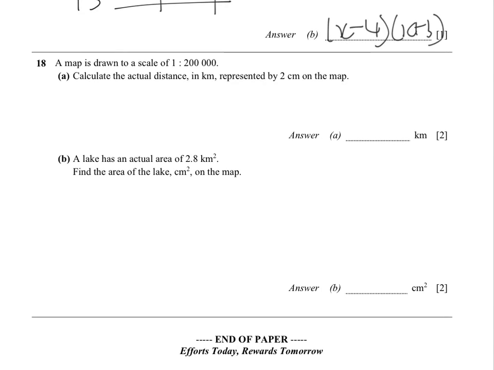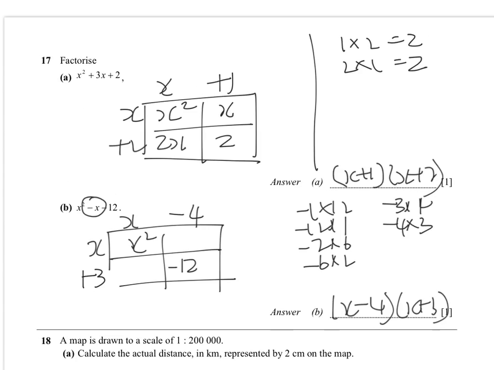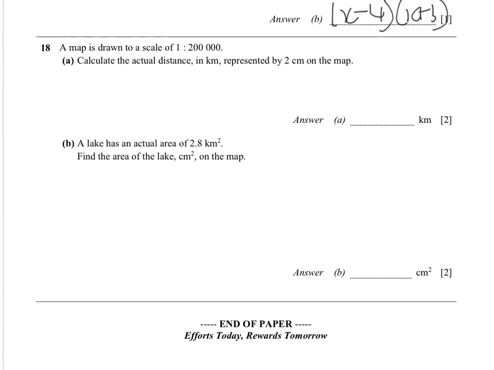Okay, we're down to the last question. The map scale: we have this actual distance in kilometers represented by 2 cm on the map. So map and actual, one is to... remember, it can be any unit.